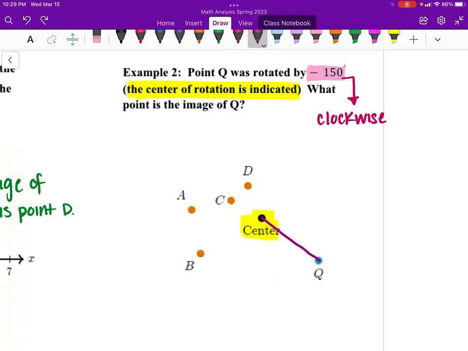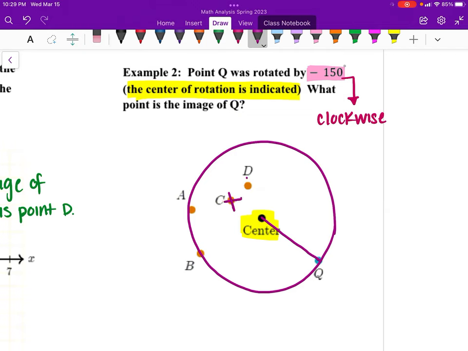Now, I'm going to try to draw a nice even circle here. Oh, wow, that was really close. Amazing. All right. So if I were to draw a full circle, the only points that are around the same radius as the center to Q are A and B.